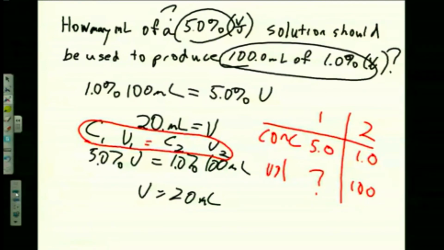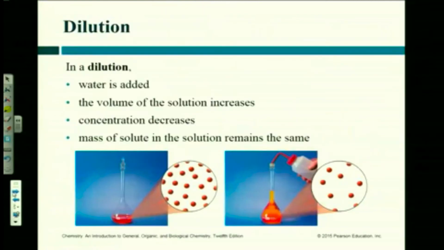So you need to know that you're solving for your initial volume. And C times V must be equal to C times V. There's a bunch of different ways you can try to do it. Okay? All right.